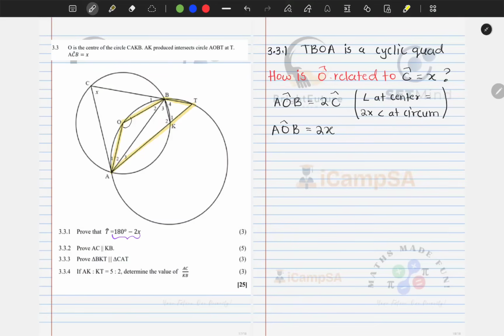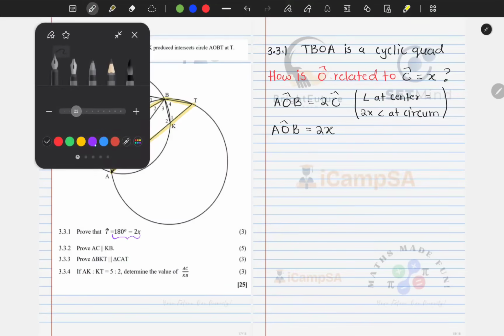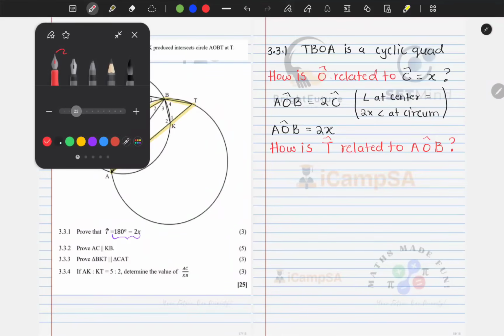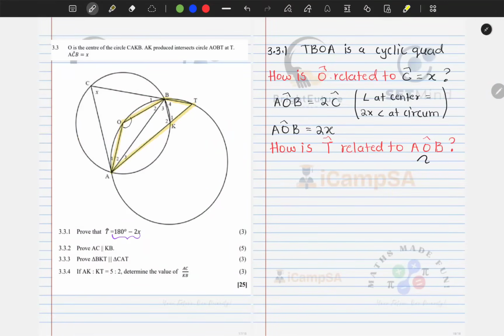Now that we have angle O in terms of angle x, we need to ask ourselves, how are angle T and O related? If you think carefully, they are opposite angles of a cyclic quad.